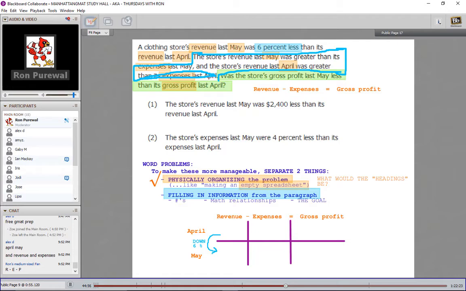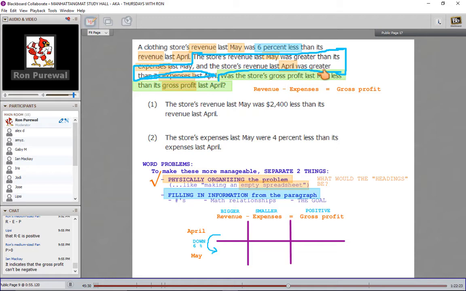For each month, the revenue is greater than the expenses. Is that a math relationship, really? It's really just telling you profit's positive. So you can write that: this is bigger, this is smaller, and so this is positive. As long as you write that on there somewhere, it's going to be fine.